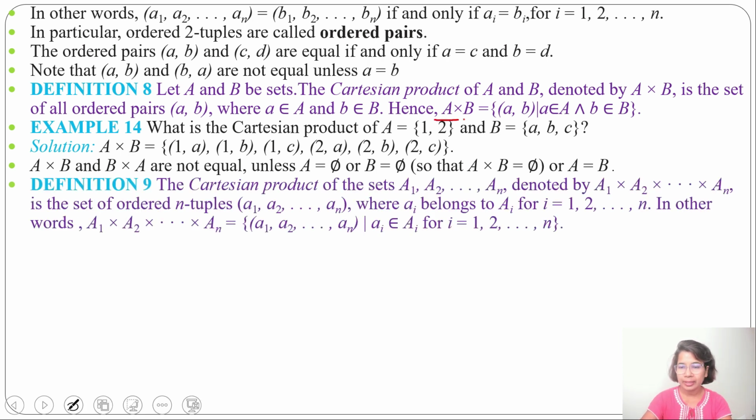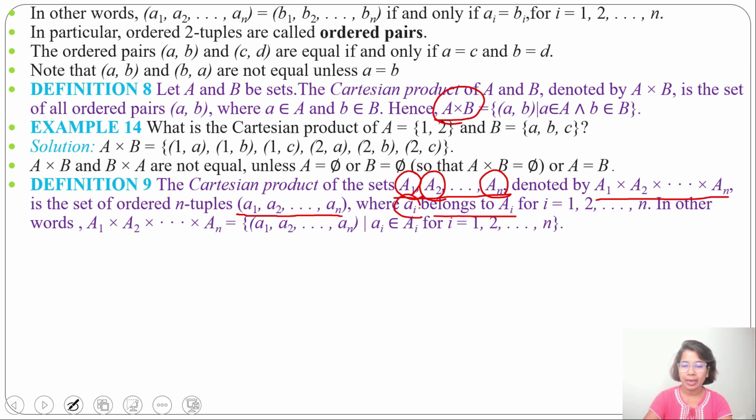Next, definition 9. It's about multiple Cartesian products. Here we just took the Cartesian product of two sets. How can we do the Cartesian product of multiple sets? The Cartesian product of the sets A1, A2, up to An, all individual sets, is denoted by A1 cross A2 up to An. It is the set of ordered n-tuples (a1, a2 up to an) where ai belongs to Ai.